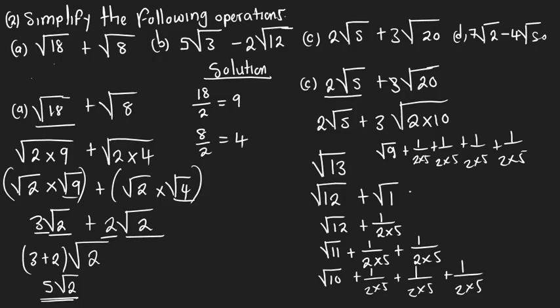So square root of 9 is becoming 3, plus 0.1, plus 0.1, plus 0.1, plus 0.1. So this becomes 3 plus 0.4, so that becomes 3.4. What is the square root of 13?